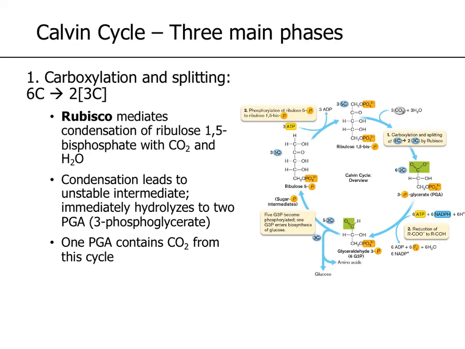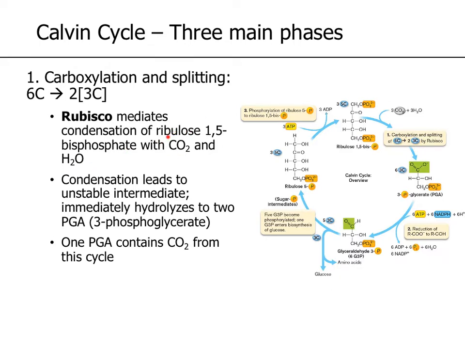So it's not every bacteria that can do this, but this is where the main source comes from. All right, so the Calvin cycle can be broken down into three main phases. The first phase is carboxylation and splitting, going from first making the 6C molecule and then splitting that into two 3-carbon molecules. This is done by the enzyme Rubisco, which we'll talk about in a few slides. Rubisco essentially mediates the condensation of ribulose-1,5-bisphosphate with CO2 and water.